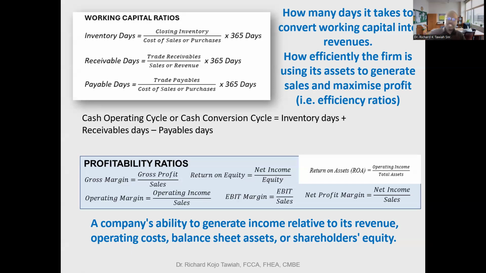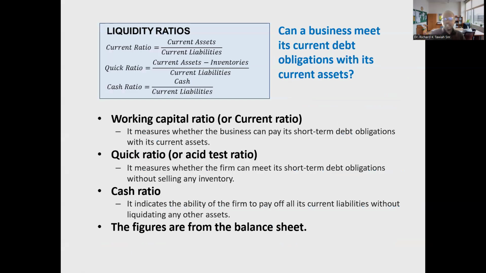And let me just explain one more thing here. Let's say you did a current ratio and you got 1.25. What does it mean? It means that for every £1 of liability you owe, you have 1.25 of assets to settle it.